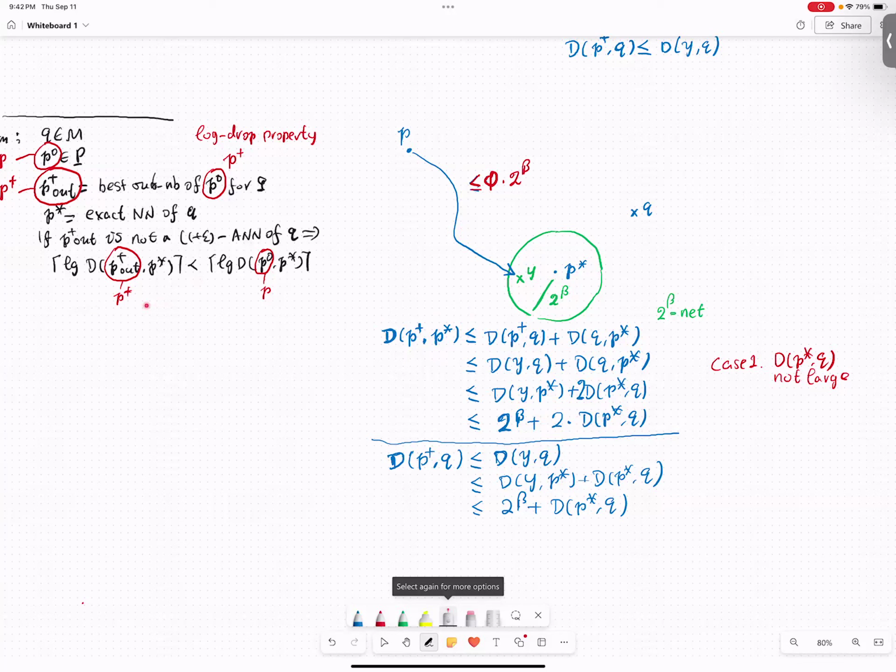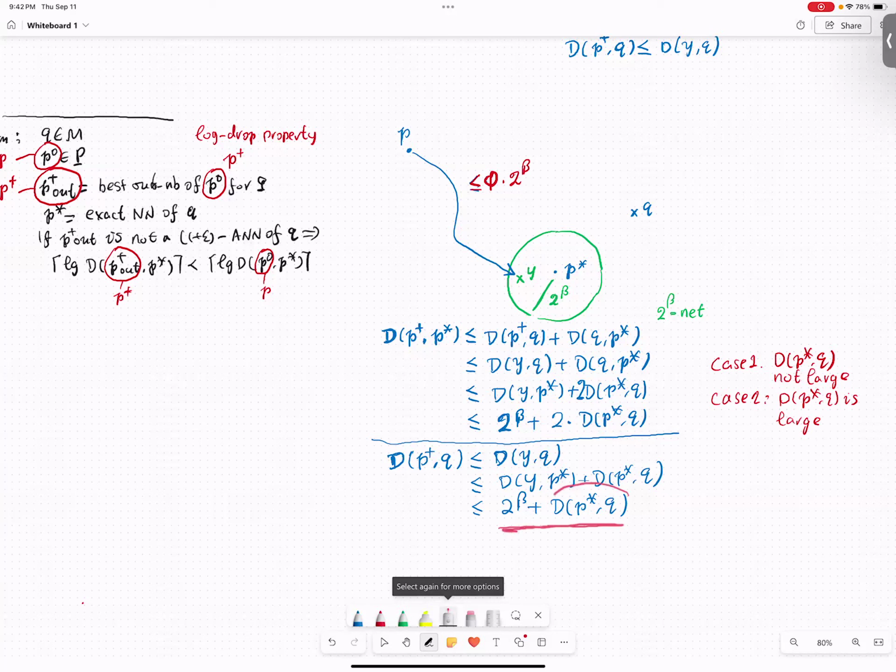So once again, in this case, the nearest neighbor distance is not very large. So in this case, our goal is to argue that this is not very large. Now on the other hand, let's look at the opposite case, right? So this guy is large. Well, if this is large, then we will look at this inequality here.